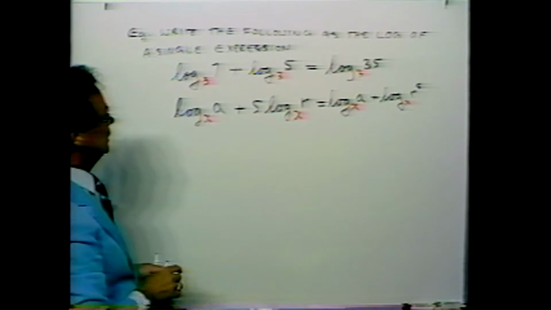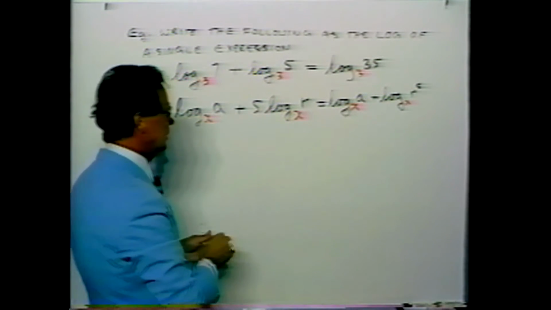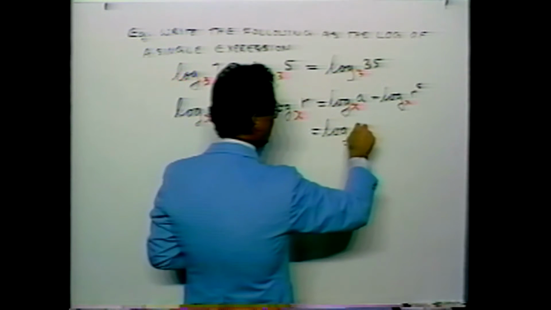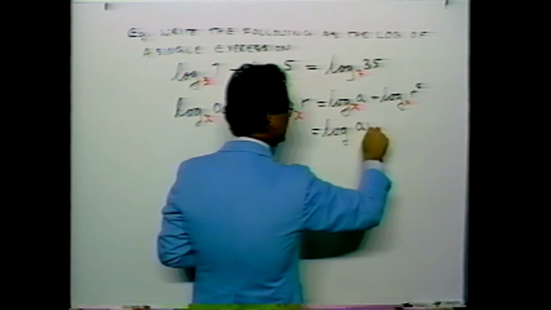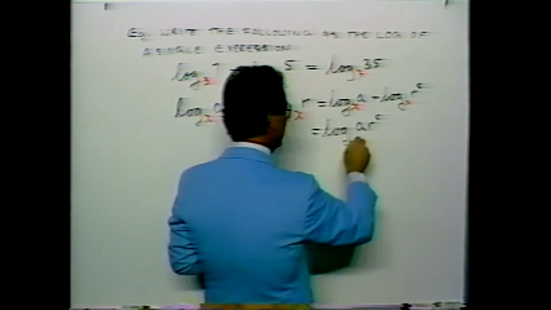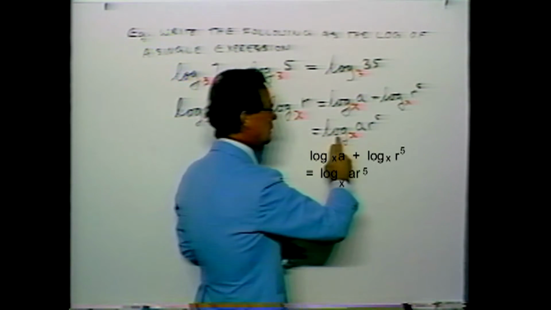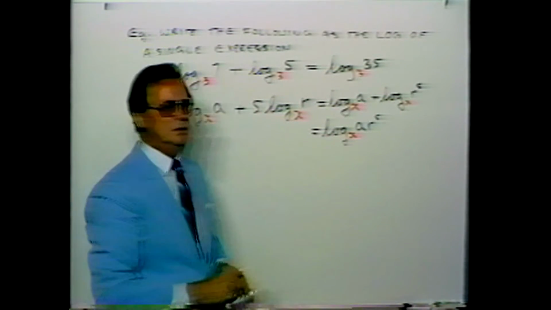Continuing now with the law of multiplication, this is equal to the log of a times r to the 5th to base x. There you have it as the log of a single expression.